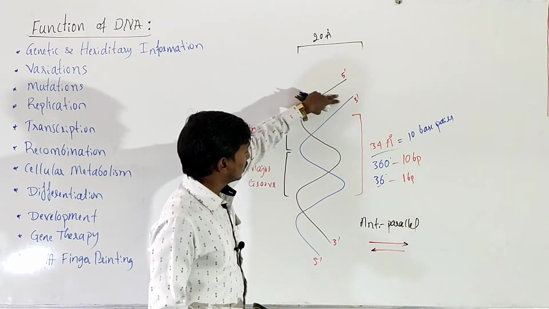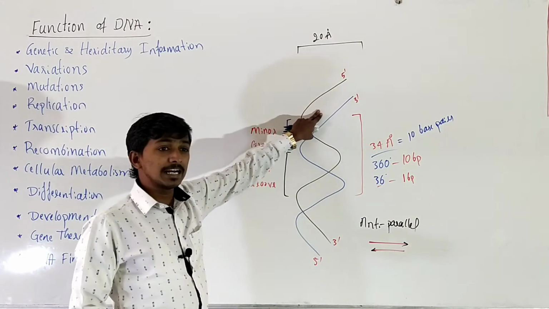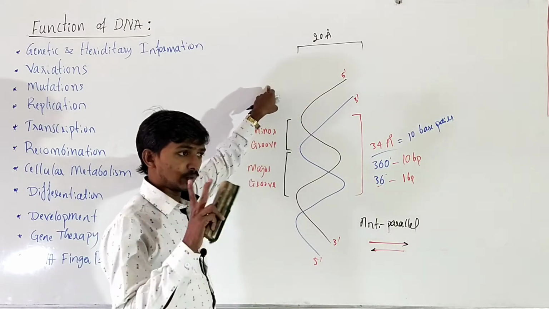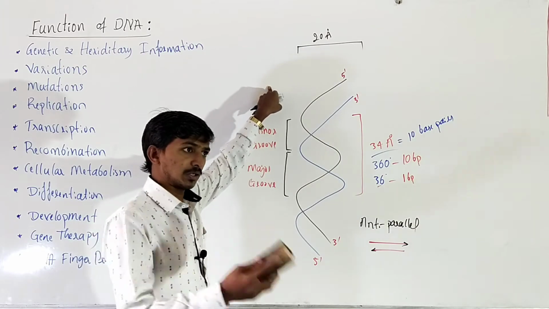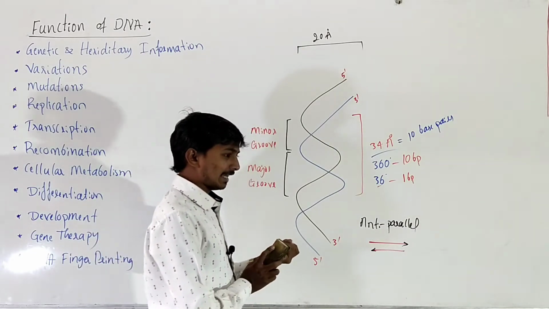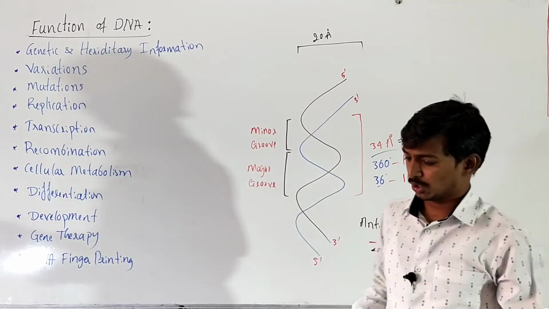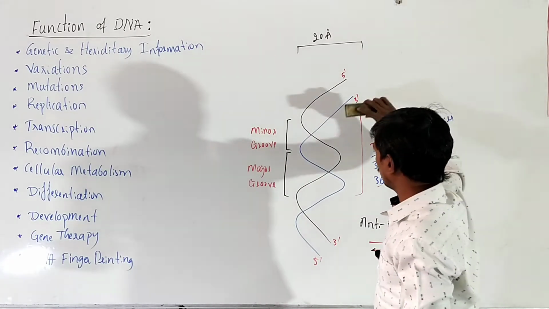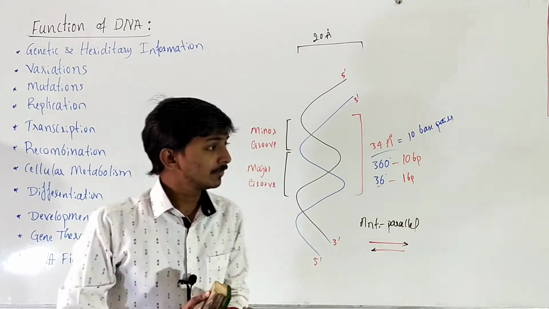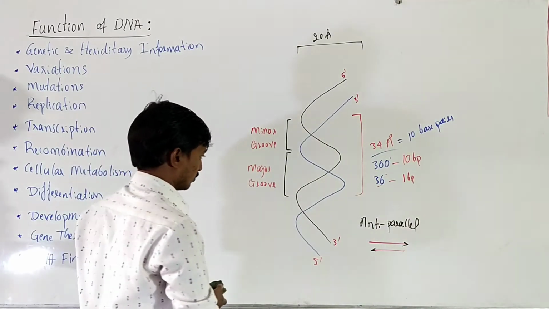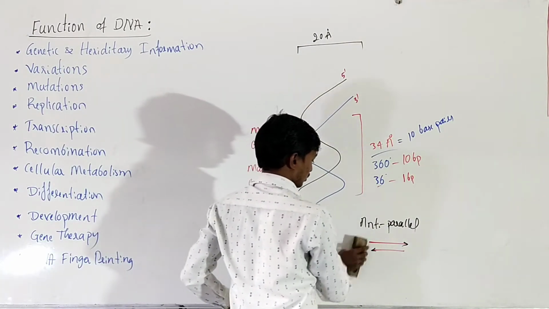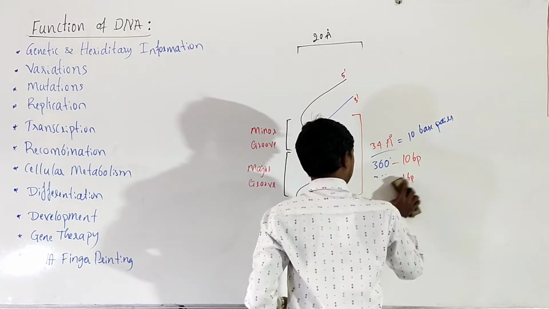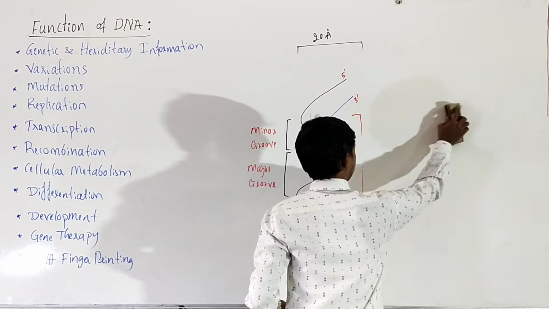In between, the two strands are joined by hydrogen bonds between the nitrogen bases: adenine with thymine, 2 hydrogen bonds; guanine with cytosine, 3 hydrogen bonds. Like that, the DNA is formed, and this model was proposed by Watson and Crick. This is a very important diagram in all examinations, whether PUC, NEET, theory, or any other competitive examination.